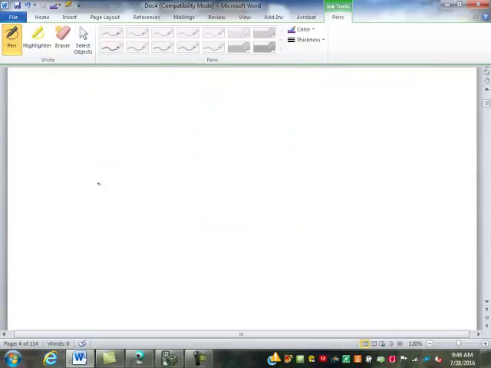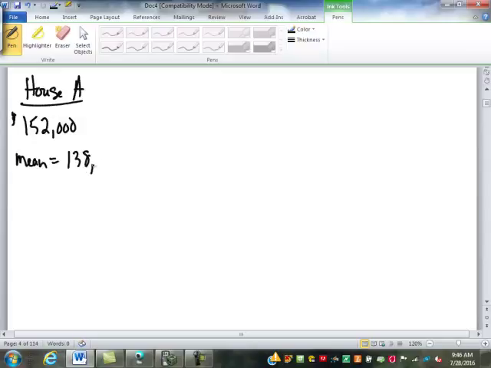So let's say that you found two houses in two different neighborhoods. House A has a list price of $152,000. It's in a neighborhood with a mean price of $138,000 and a standard deviation of $7,000.